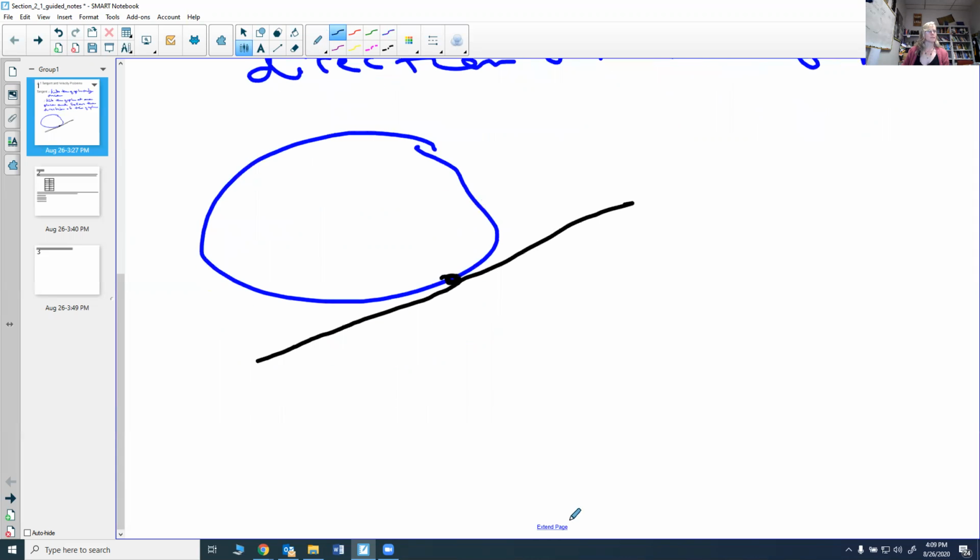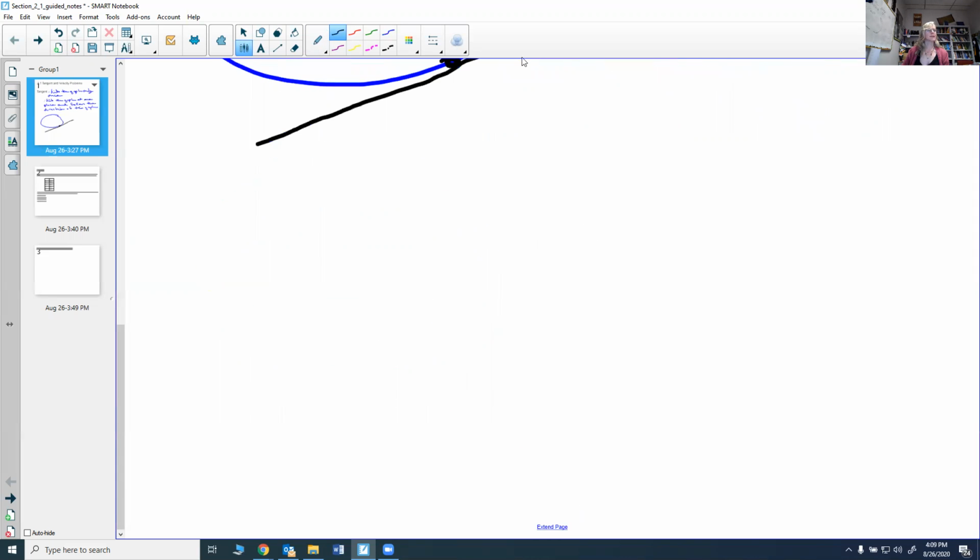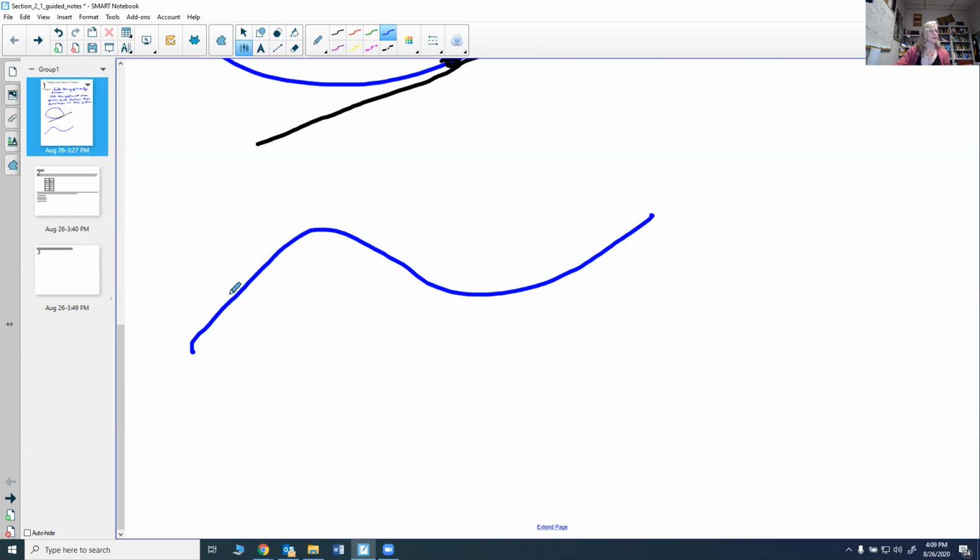Another example, let's take this graph, and let's look at this point here. The tangent wouldn't be this.